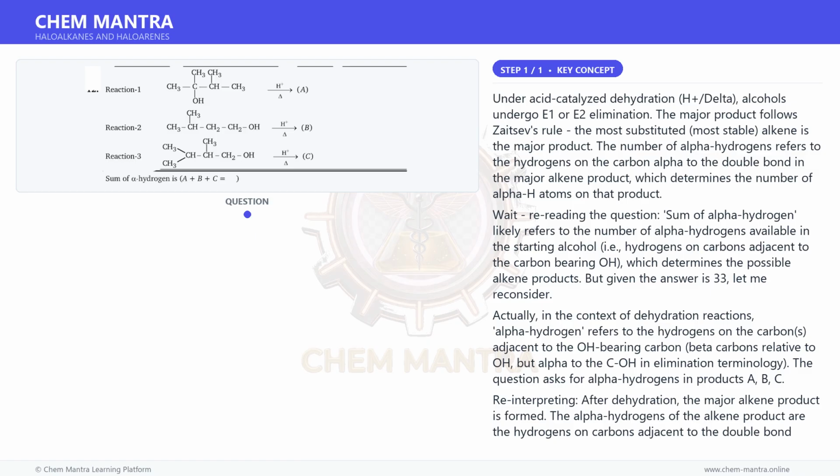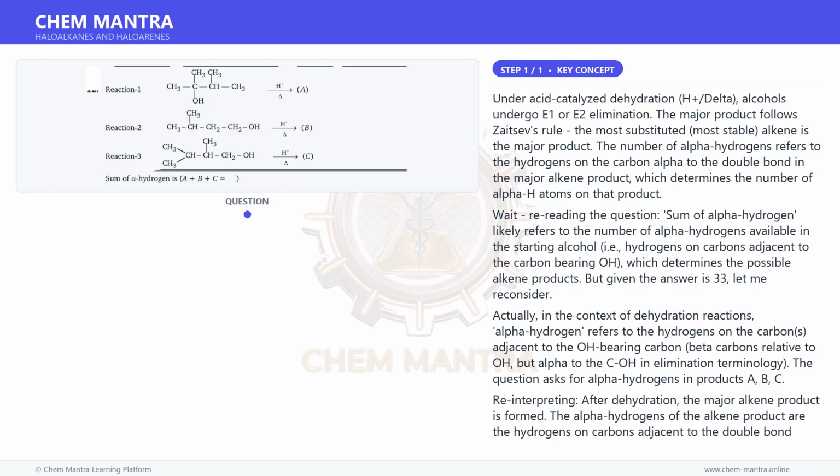Reaction 3, 2,3-dimethylbutan-1-ol, CH3, CH(CH3), CH(CH3), CH2OH. Dehydration, primary alcohol, rearrangement likely. The carbocation at C1 rearranges, with a hydride shift from C2 giving a tertiary carbocation at C2, (CH3)2C+, CH, CH3, CH3.